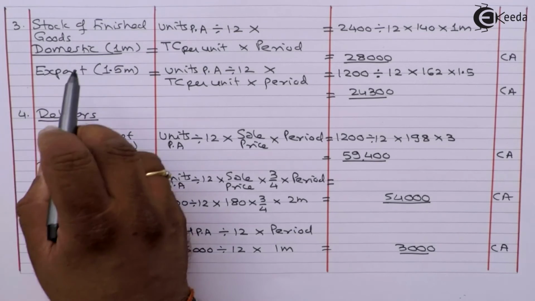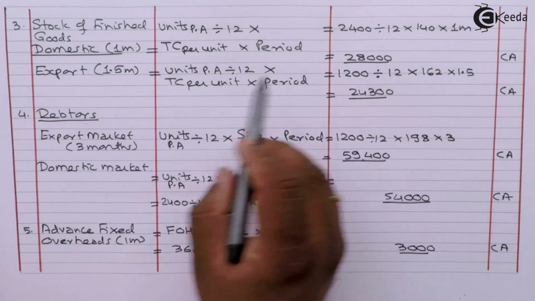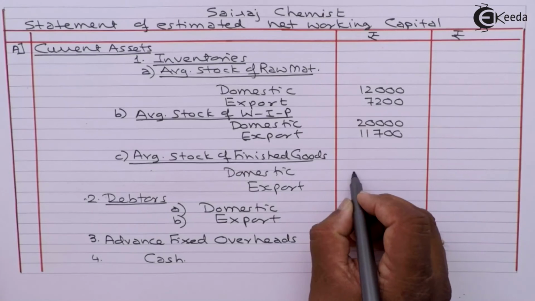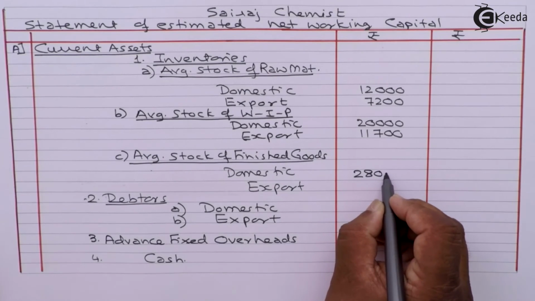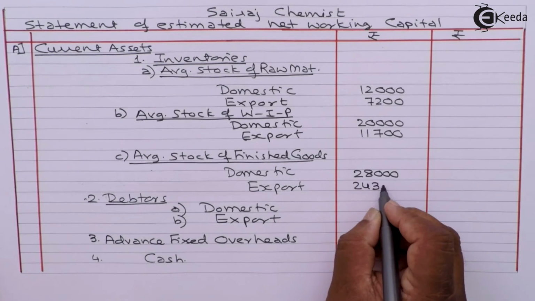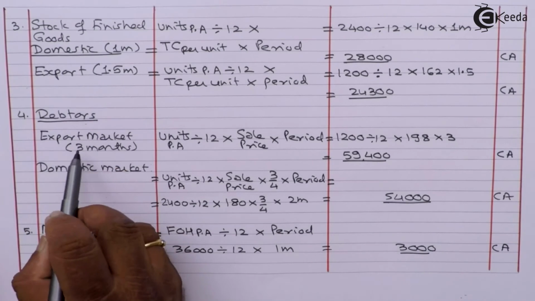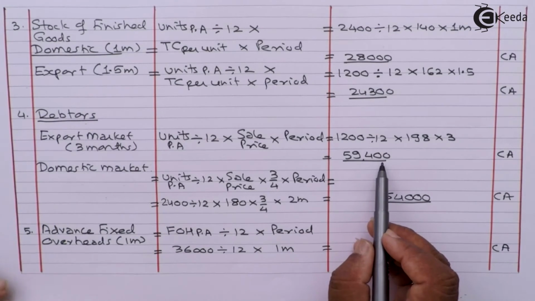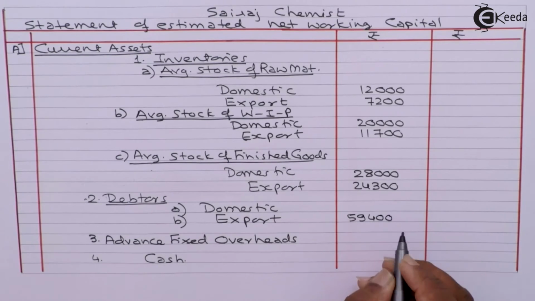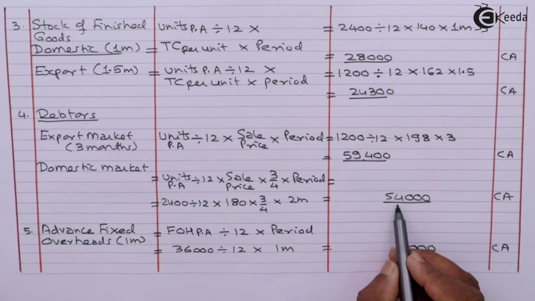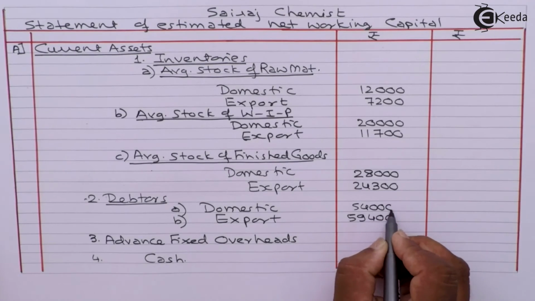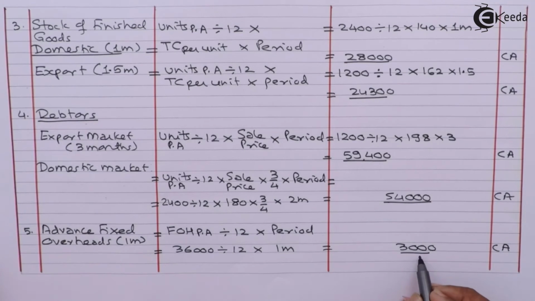Average stock of finished goods, domestic 28,000, export 24,300. Debtors, export 59,400. Debtors, domestic market 54,000. Advance fixed overheads 3,000.